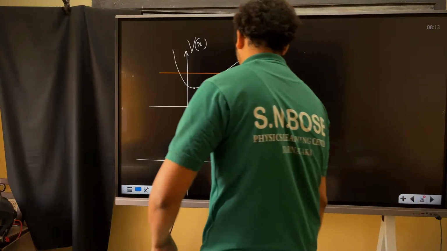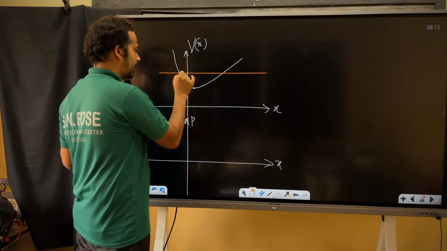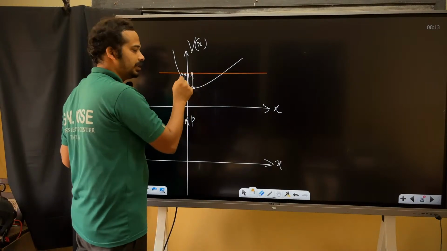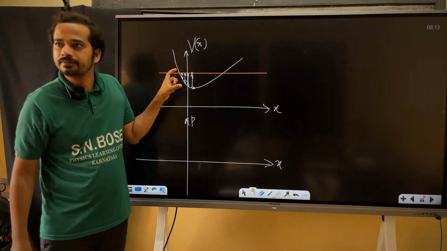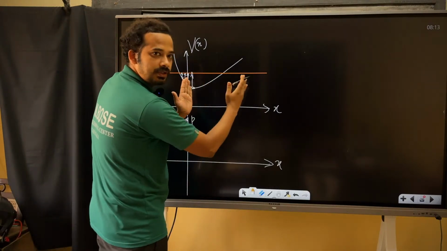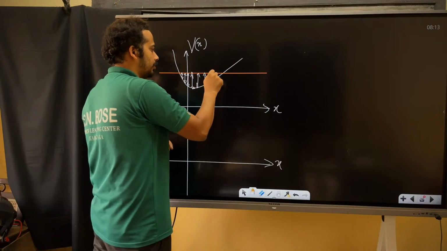Other logic is, as you told, look here, from here to here your kinetic energy is changing quickly. Can you see here? I mean, it is increasing quickly. But from here to here, it is taking more distance for kinetic energy to decrease to 0.